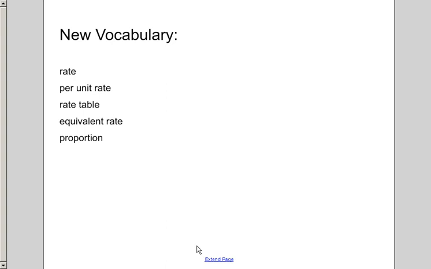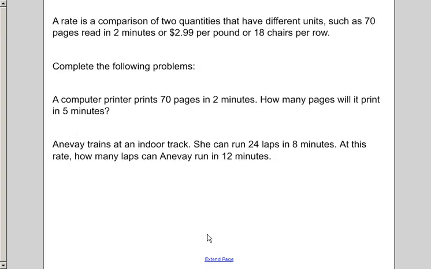And here is our new vocabulary: rate, per unit rate, a rate table, an equivalent rate, and a proportion. So here's a definition of rate. A rate is a comparison of two quantities, two amounts that have different units.